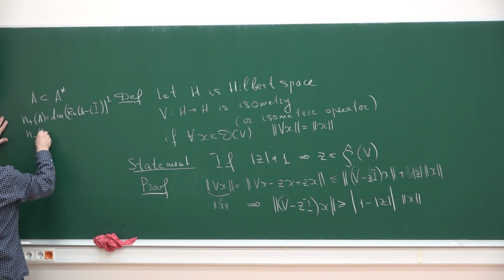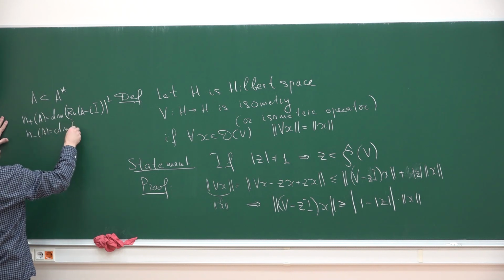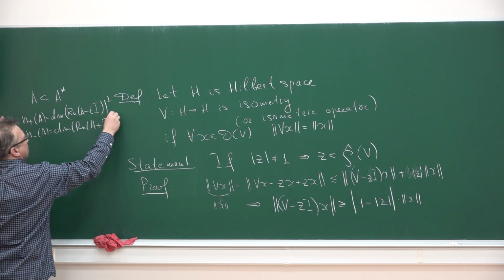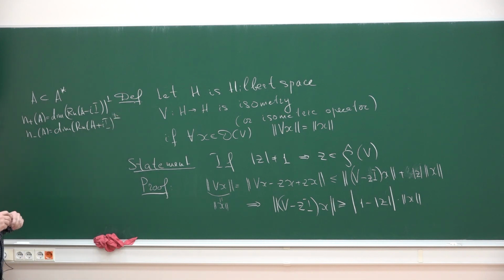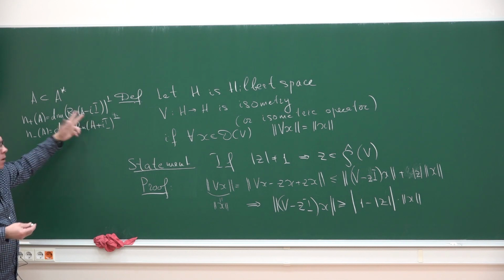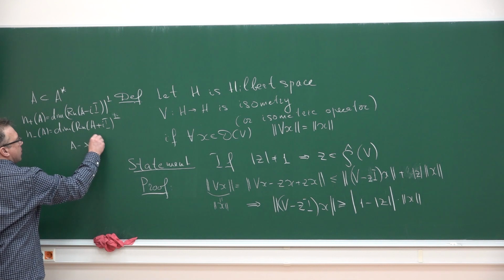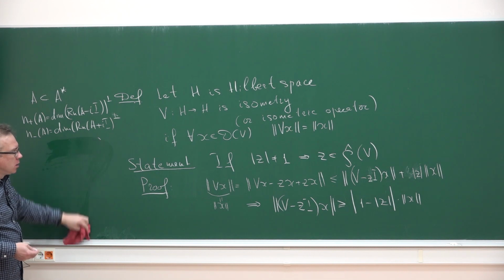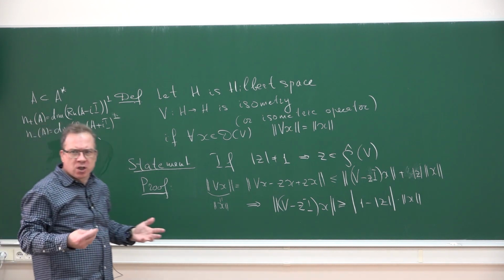And n minus of A, the dimension of the range of A plus i, orthogonal complement. Plus because we take i from the half plane with positive imaginary part. We showed last time that this is constant for all lambda from the whole half plane, and for simplicity we take the imaginary unit. So we have two defect numbers, or deficiency index.